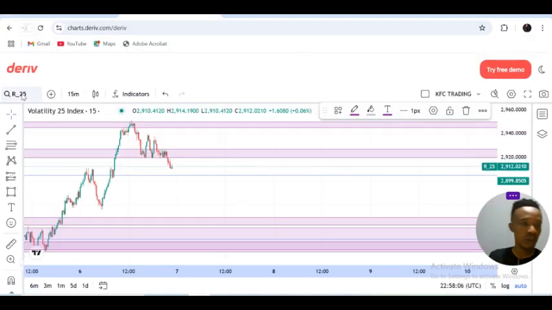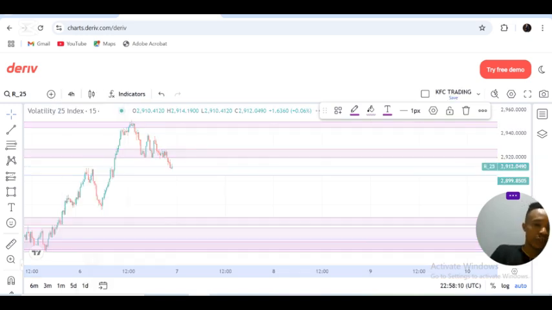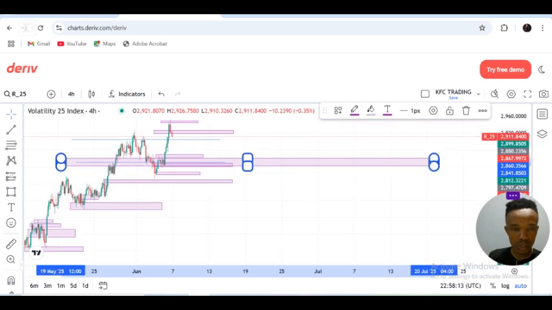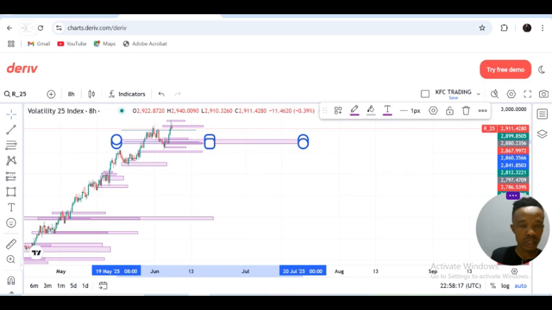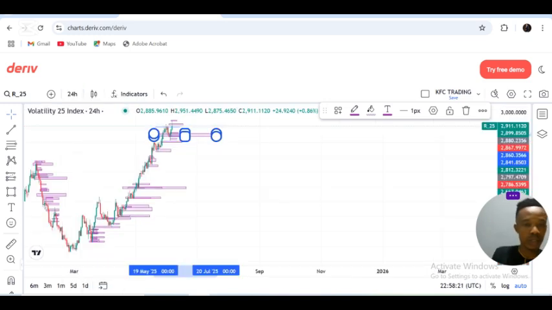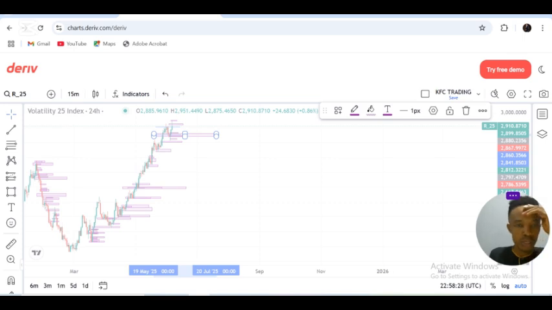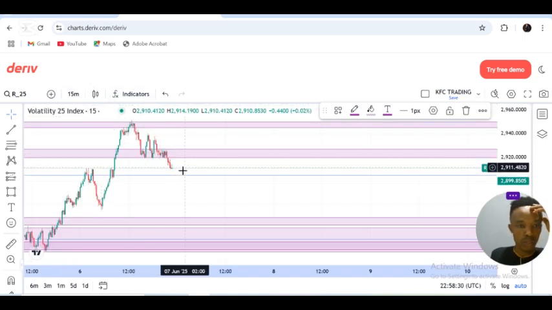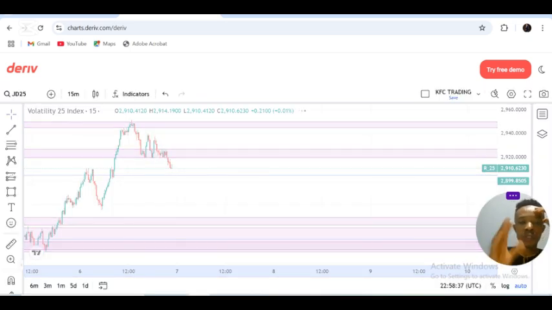Okay, so this is Volatility 25. Have a look at it as well. I found it bullish on the 4-hour, I found it bullish on the 8-hour, and I found it bullish on the 24-hour. So in that case, I'm going to be trading bullish anytime I find a bullish confirmation. Stay active on the group, the free channel.